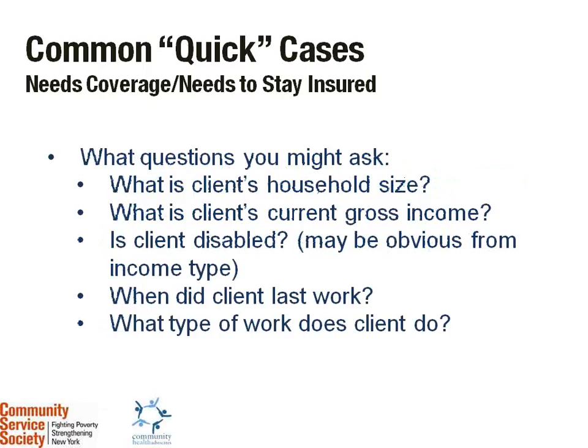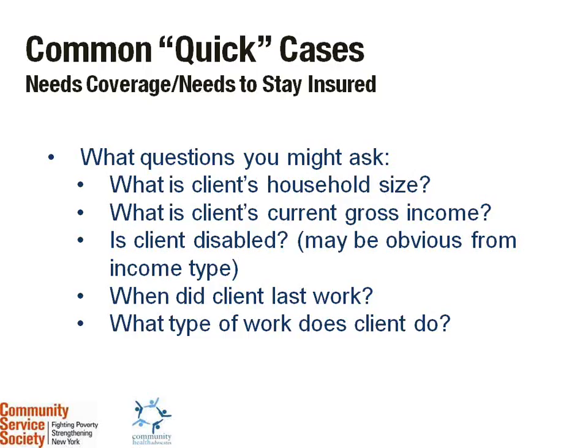What questions might you ask? What's their household size, their income? Those two things go hand in hand with eligibility, since people have eligibility for certain programs based on their income and their household size. So those are two really important questions to ask for almost every single call that comes into the helpline.